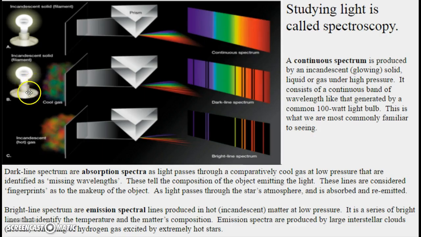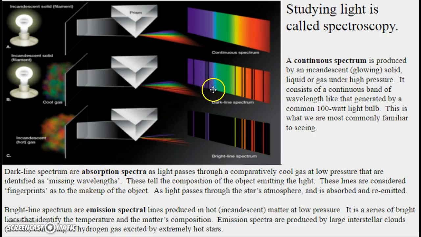Well, here if I have the light that is traveling through this cooler gas and I refract it through the prism, I get something that's called the dark line spectrum. It's called the absorption spectrum. So dark line spectra are absorption spectra as light passes through a comparatively cool gas at low pressure that are identified as missing wavelengths, right?